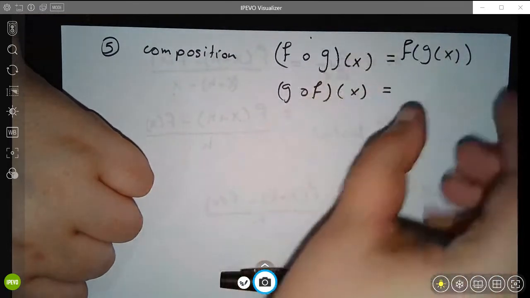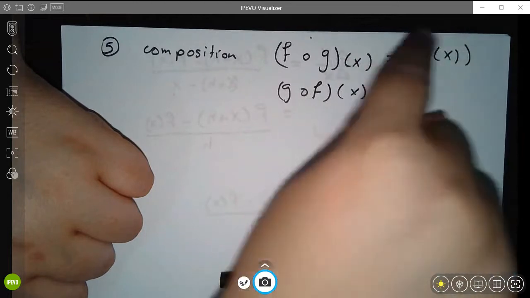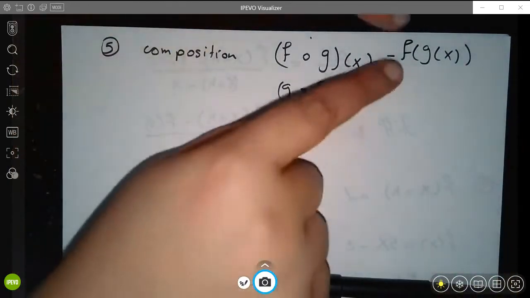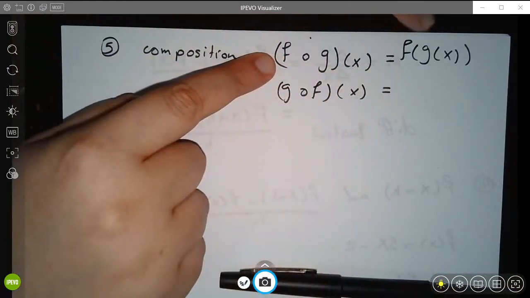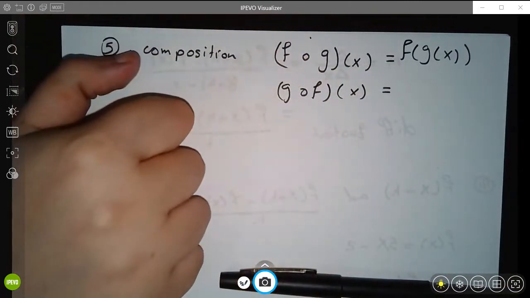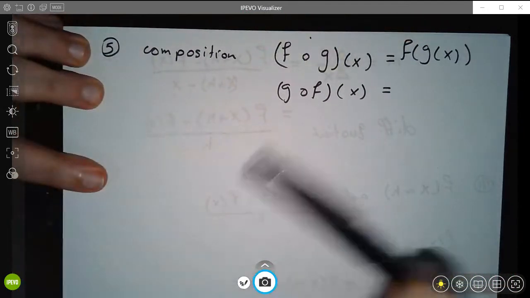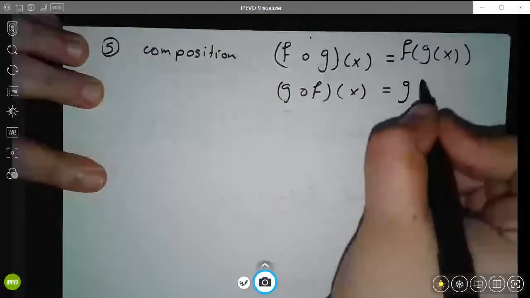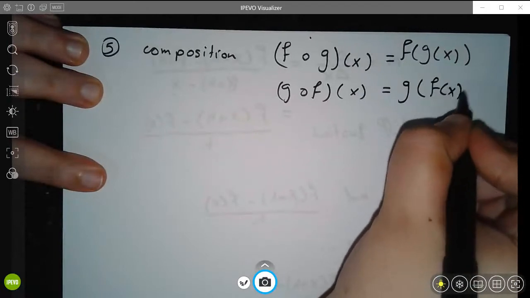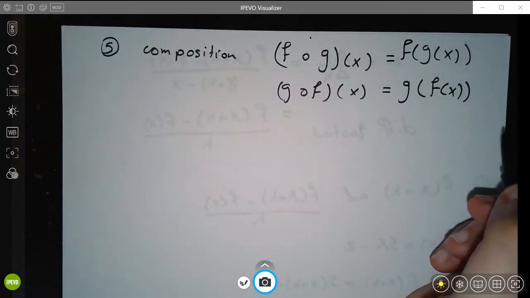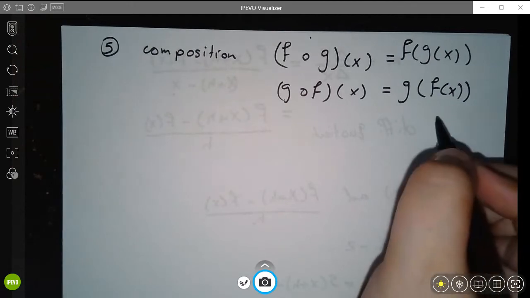So replace the x of f of x with the whole g of x function. Make sense? And again, the one on the outside is the one that comes first. The one on the inside is the one that comes second. So if I gave it to you as f circle g, this is what you do. If it was g circle f, it's going to be g of f of x. Yes? So this right here is the fifth operation, and it's composition.